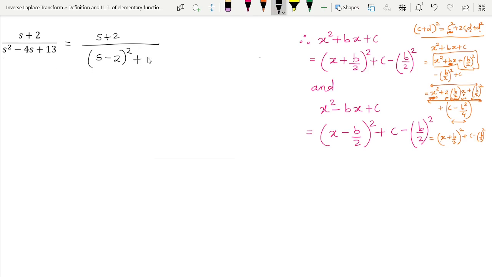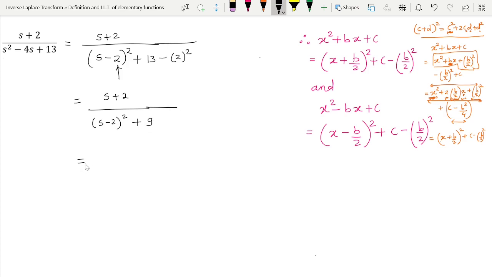So don't forget that 13 as it is, and minus what? The square of 2. And what is the square of 2? It is 4 actually. So this will be equal to s plus 2 upon s minus 2 whole square, and what is 13 minus 4? That is 9, which is further equal to.